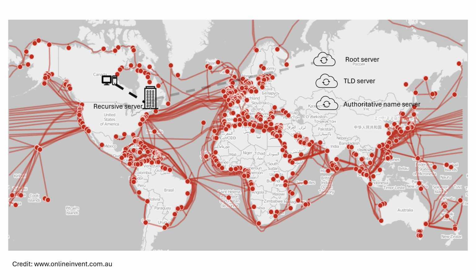Now this recursive server sends the request to the top level domain server, and this TLD server checks its information and provides details about the authoritative name server that has the requested information. Now the recursive server sends the request to the authoritative name server, which has the IP address for the website. Once it gets this information, it returns the same to your computer.